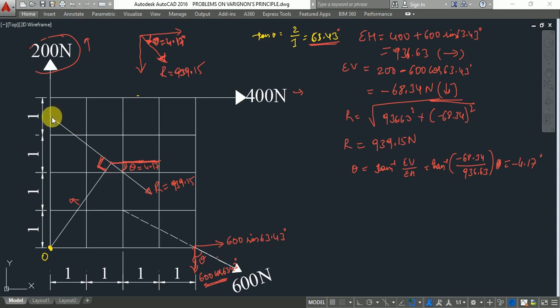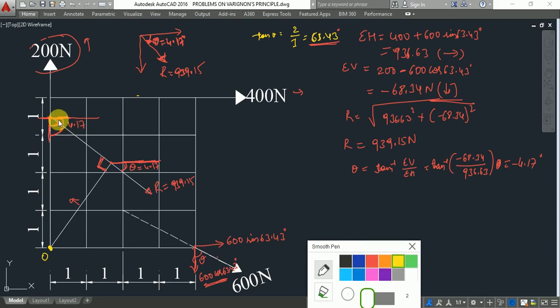If I draw a parallel line here, parallel to this, this angle is equal to 4.17 degrees. These two lines are perpendicular to each other, so from here to here it is 90 degrees. If I remove this 4.17, I will get this angle theta.